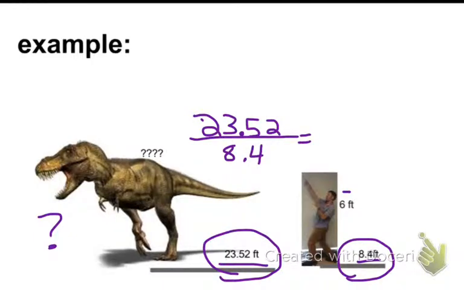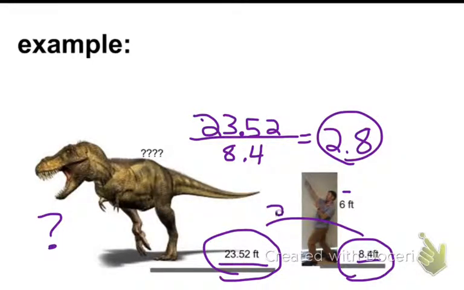And when I do 23.52 divided by 8.4, I get 2.8. So my scale factor is going to be 2.8.